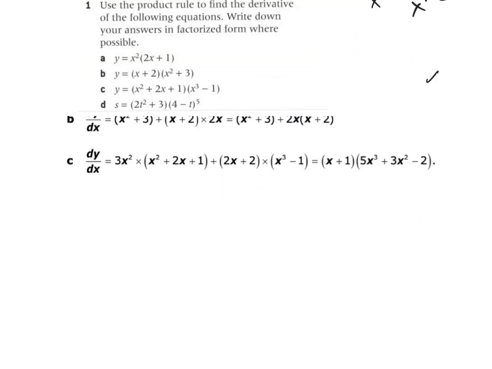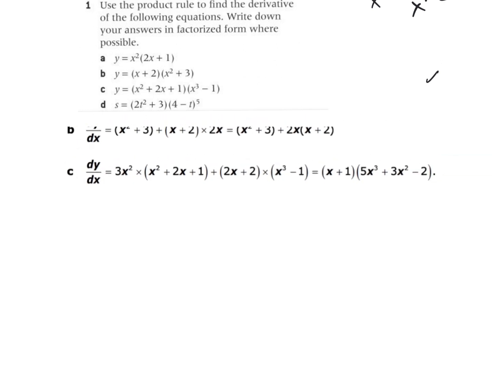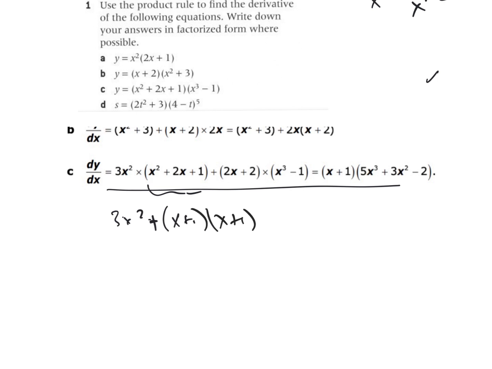Okay, so looking, and here you're asking about factoring. So you get this derivative here. Okay, so this here, I get 3x squared plus x plus 1 times x plus 1, plus this one here is 2x plus 1 times x cubed minus 1.